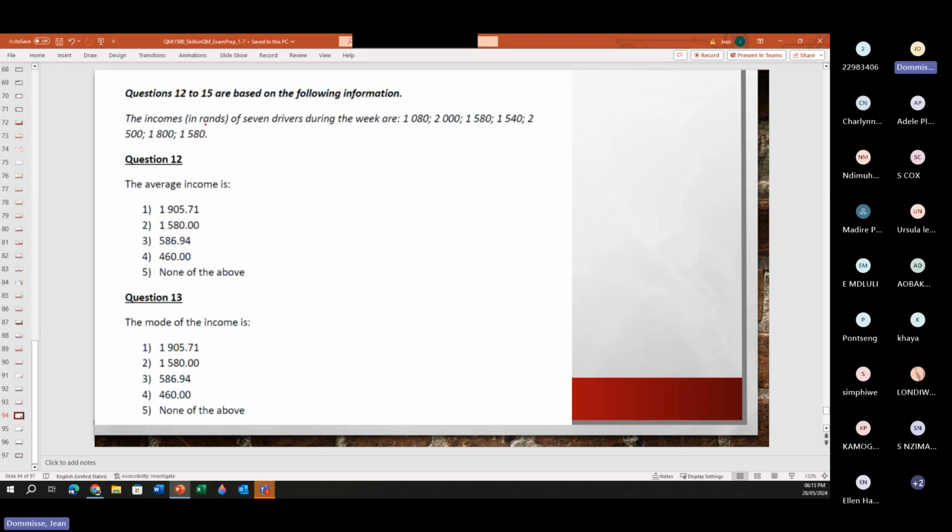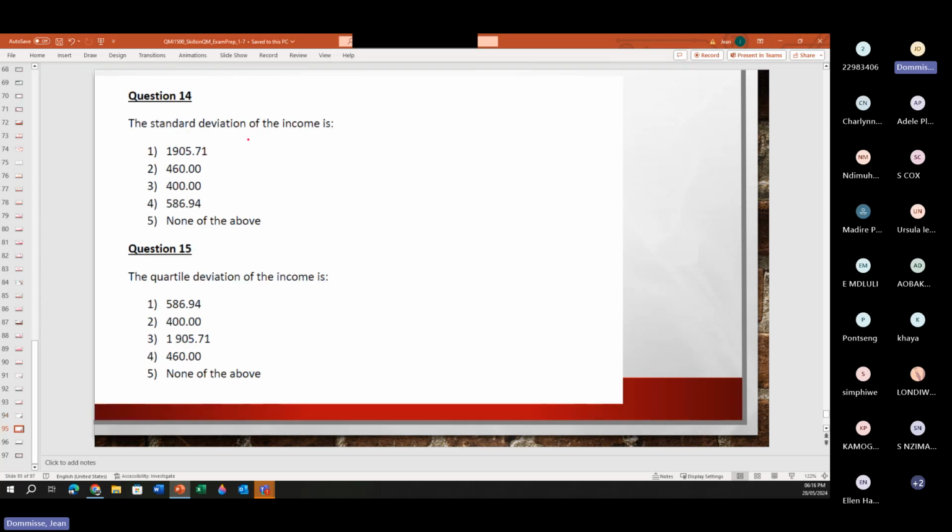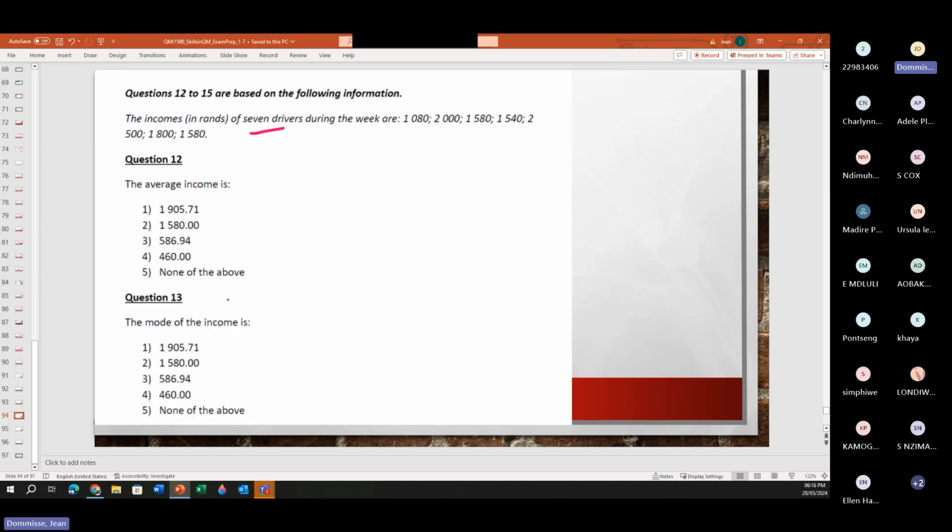So getting a set of data, they tell us there's seven drivers, and then they give us the incomes of the seven, and you can see it is not ordered, so we need to order it to get the median, and I think the next question asks for that as well. I will show you in Excel, but let's quickly do the seven drivers.